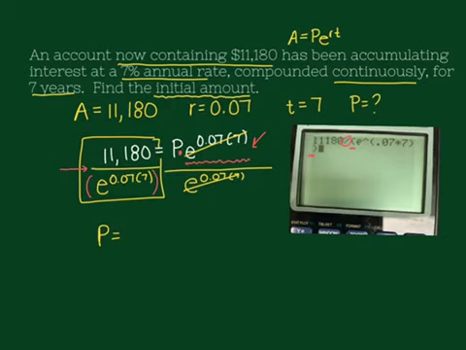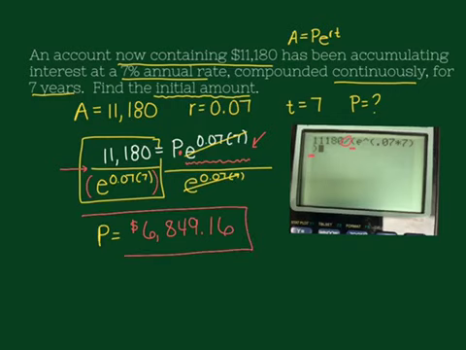So if we compute that correctly, again rounding to the nearest hundredth, we will get $6,849.16. So that's how much we started with, and it should be less than what the account has now because it's been earning interest for 7 years.